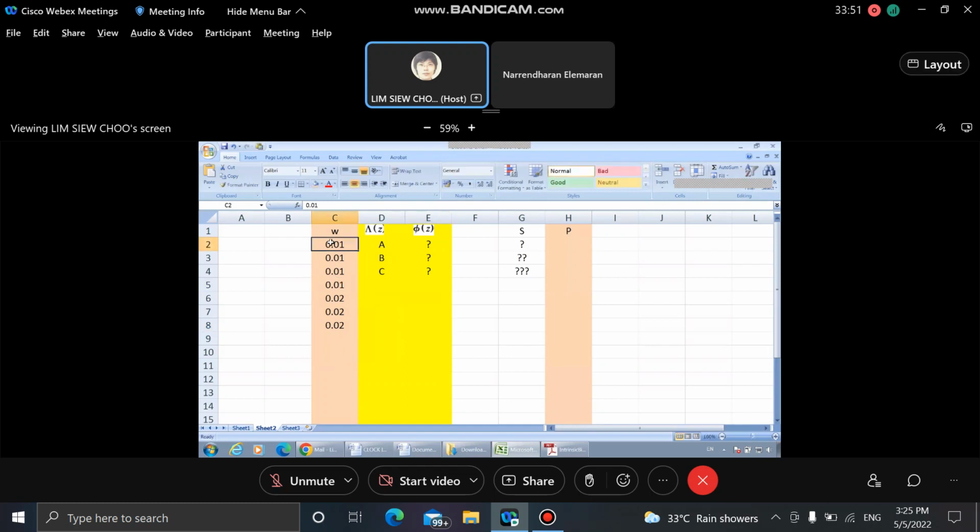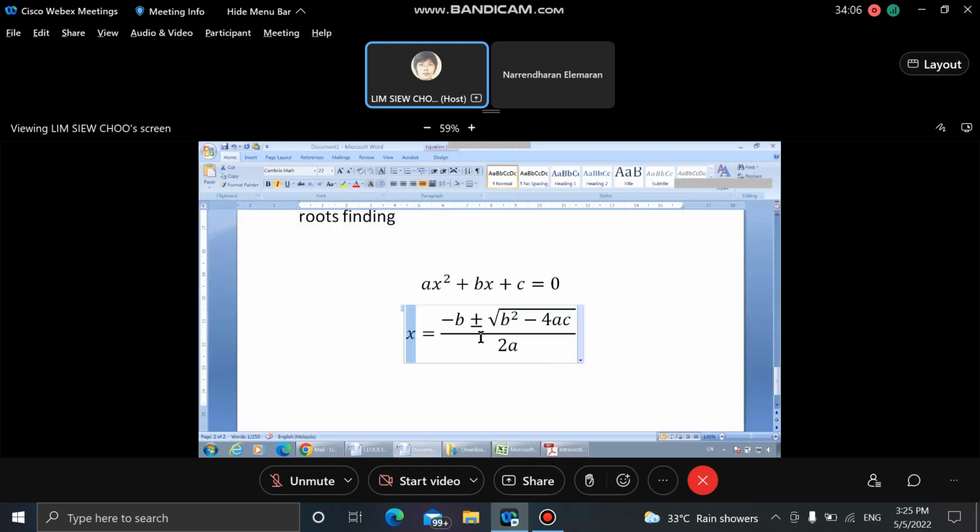Because it is the same omega, that's why you put it here. So the same here, for example here you can find two values. For one set of this ABC, you can find two values of x. And the control parameter of this equation is all these constants.